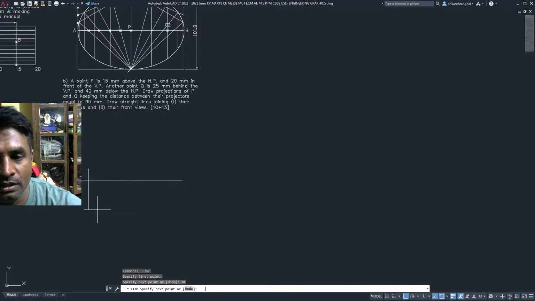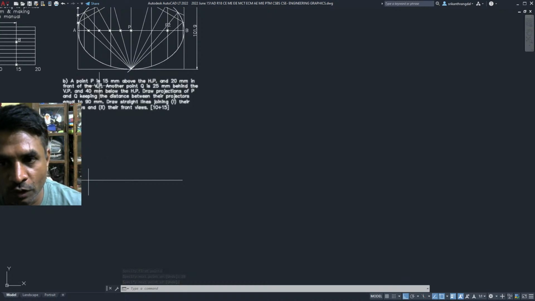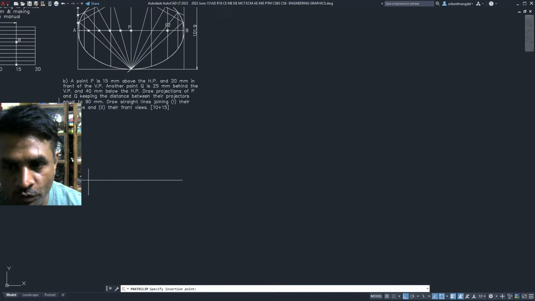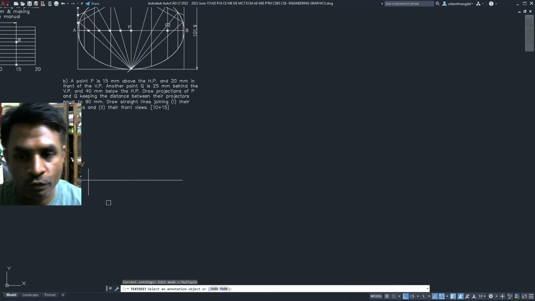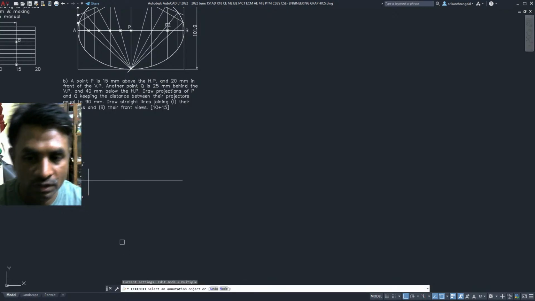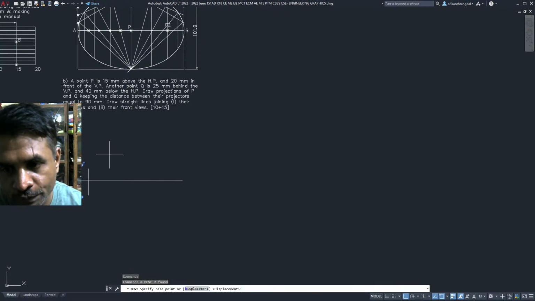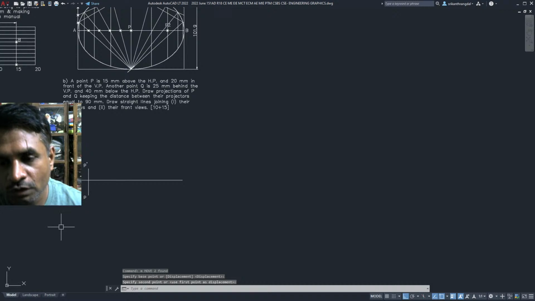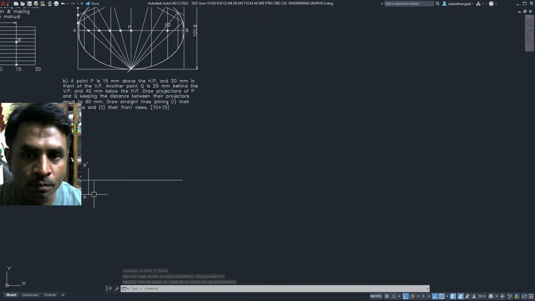That's going to be 20 distance, and then we'll have to take the next point here. This point is P. Let's name it here. So this point here is the front view of P. Front view we'll be marking with a dash. Top view, we are going to mark without. So we got both the front view and top view of this point P.